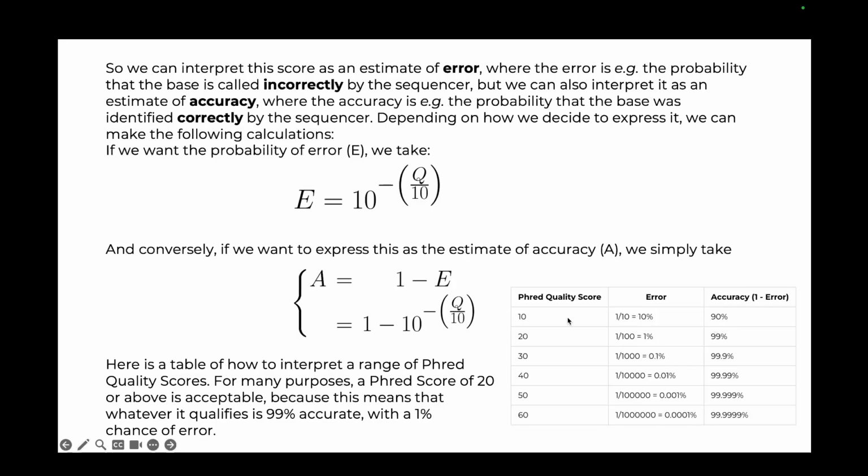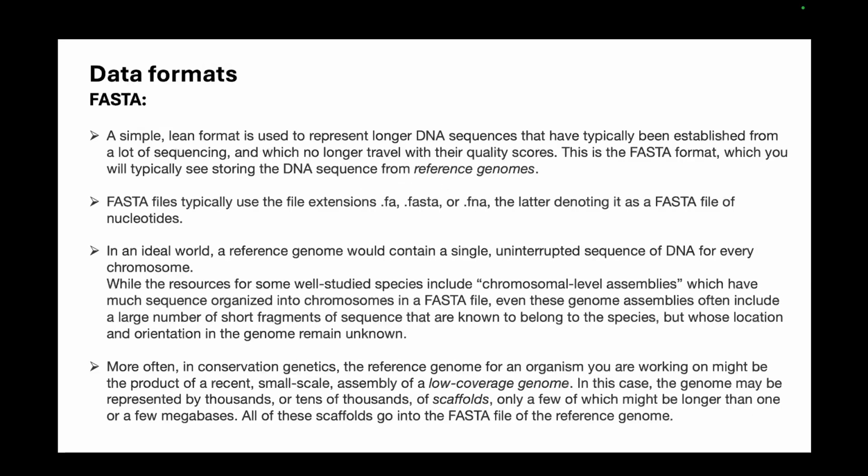At 20, it's 1% error, 99% accuracy, which is pretty good. If you go to 40, it's 99.99% accuracy. At 50, 60, the number of nines just keeps increasing, right? So beyond 30, the amount of error is very minutely different between different quality scores.